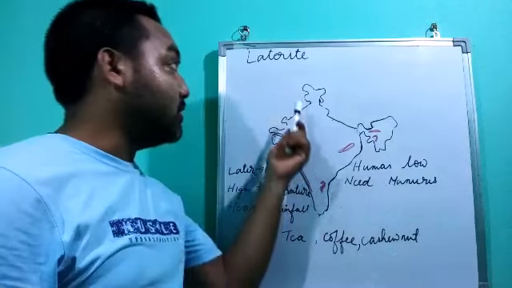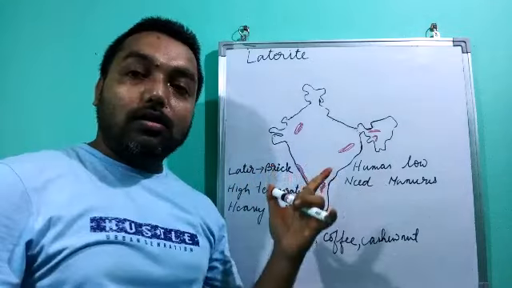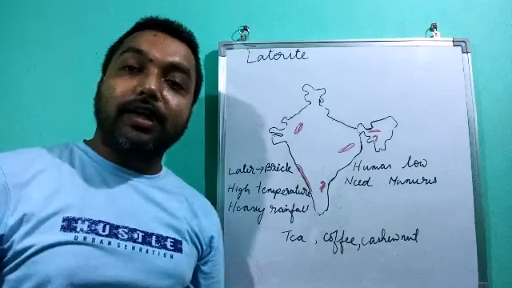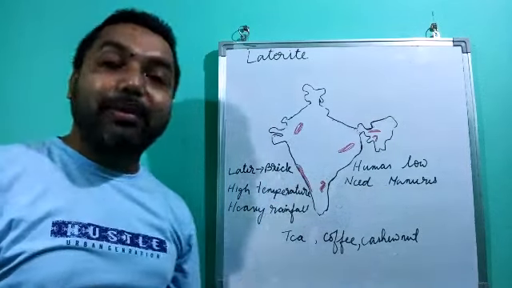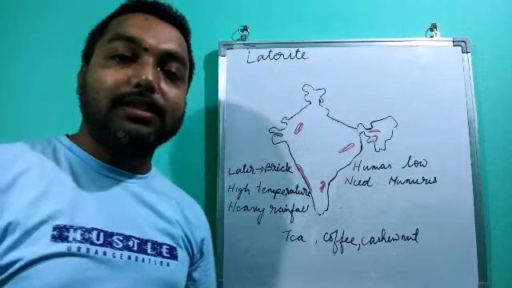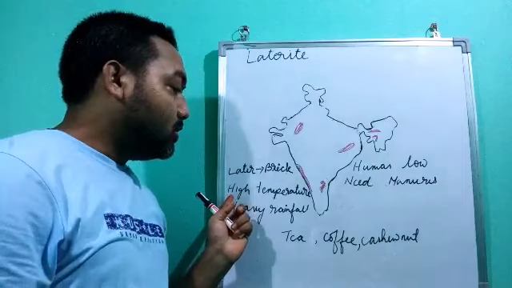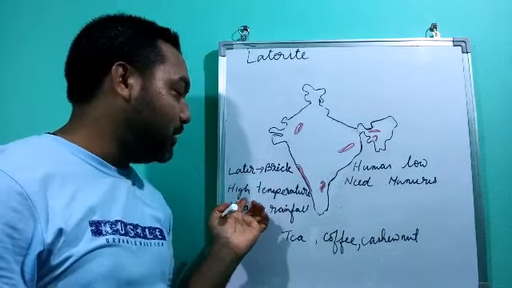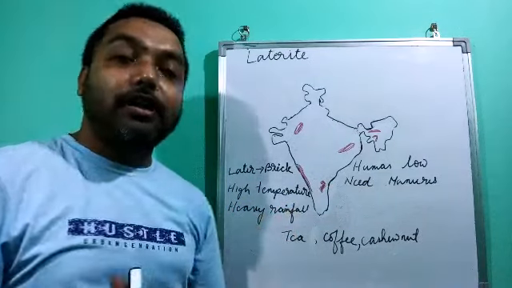So the next classification of soil is laterite soil. The word laterite comes from the Latin word later, which means brick, where brick is made, or the color of the brick resembles it. This type of soil is formed in areas where the temperature is very high and there is heavy rainfall.